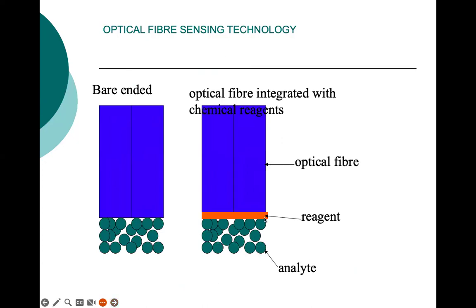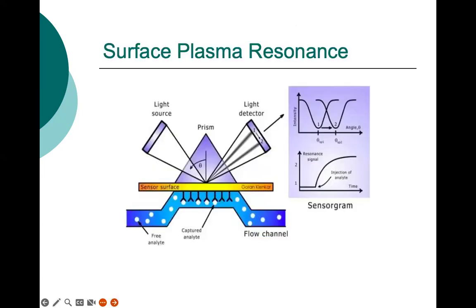Remember the reagent here is an example. It can be DNA, it can be antibody, because these chemical reagents serve as receptors. So that is a UV visible spectrophotometer, but the portable one.